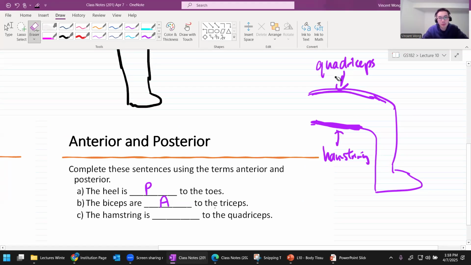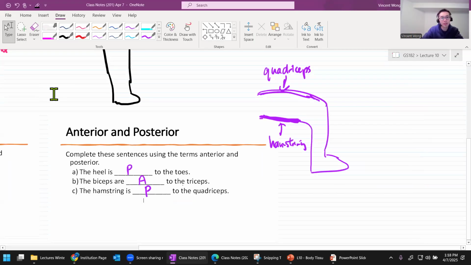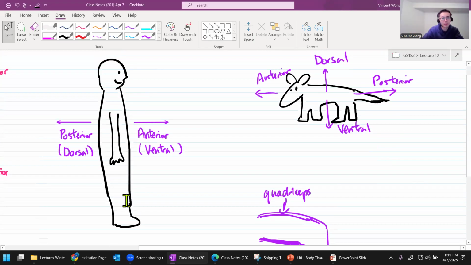The hamstring will be posterior to your quadriceps. That's why I said it's important to have a standardized position for everybody. Because if you're sitting down, then the quadricep is actually superior to your hamstring. But we are always talking about the anatomical position, the person standing up with the hands apart.